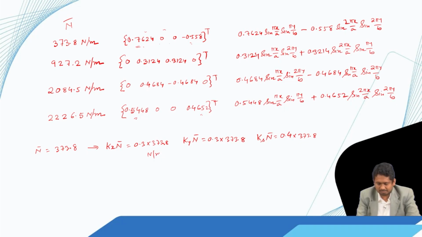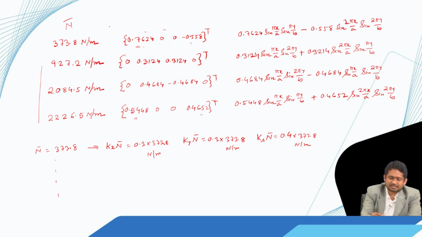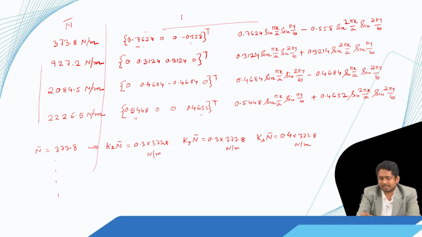All these are in Newton per meter, and similarly we can find the same thing for these buckling loads. So, here this tells us about the buckling loads, and from here we get the buckling modes.